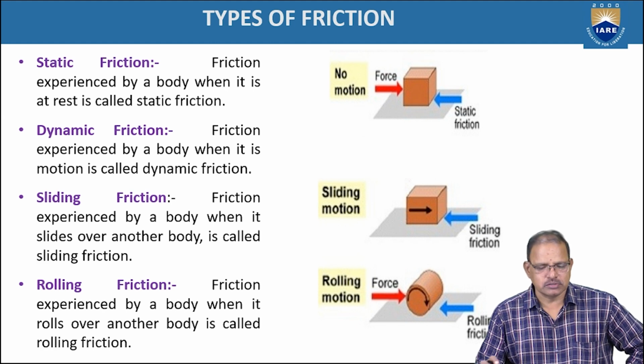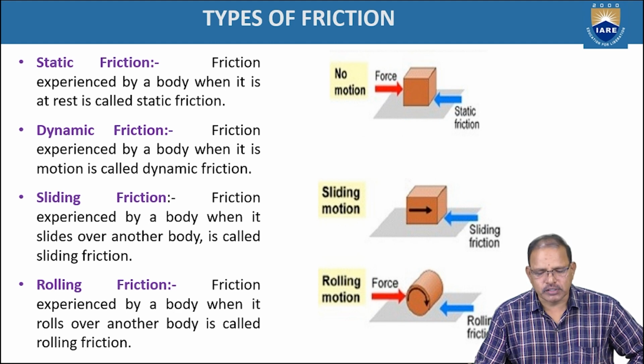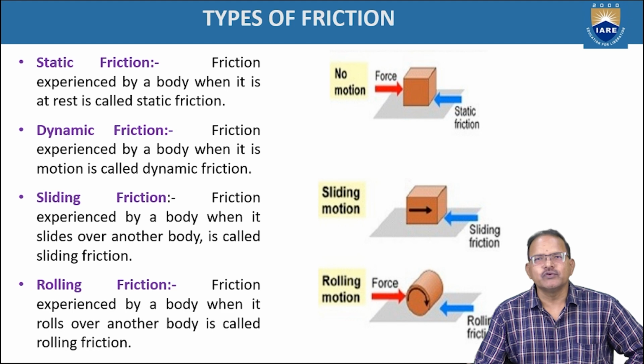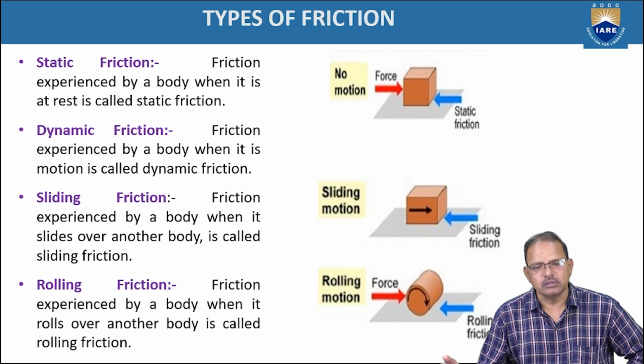Types of friction. These are classified as, first, static friction. The friction force experienced between the body and the contact surface when it is at rest is called static friction. When the applied force is equal to 0, then the static friction is also equal to 0.